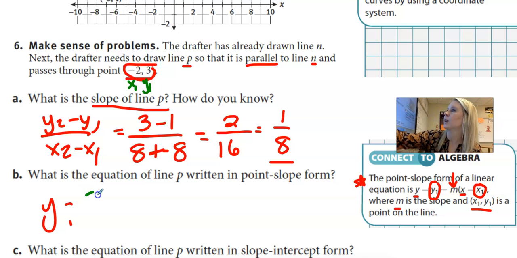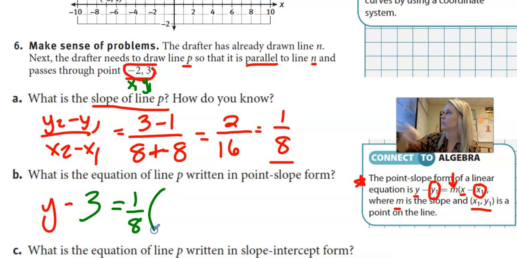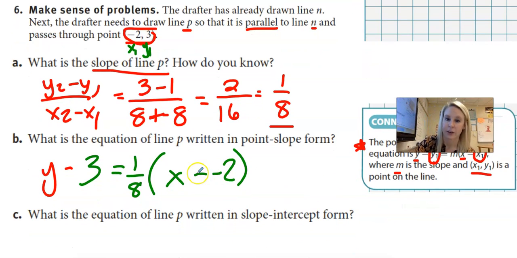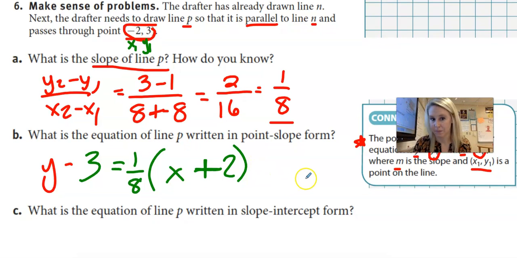So y minus 3 equals your slope, 1/8, parentheses, x will always be there, minus your x value, which is a negative 2. Okay, so if I wanted to, I could make this into a plus sign, or I could leave it, it doesn't matter, but that is point slope form.